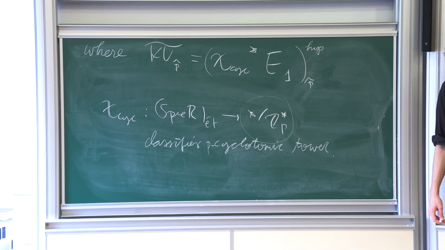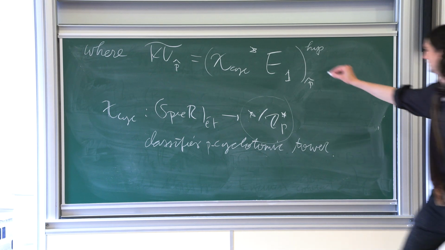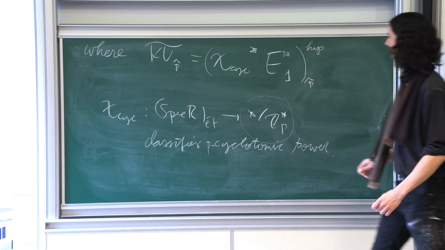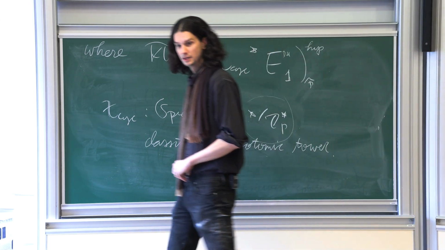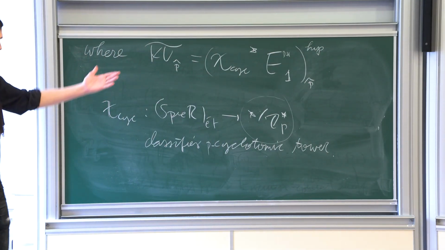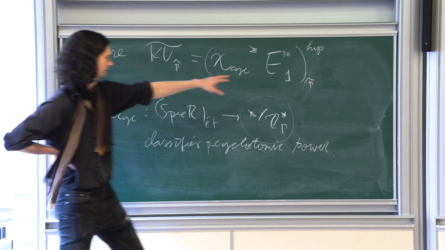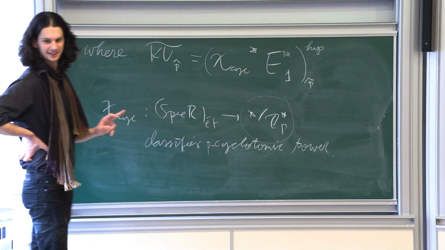This is what you discussed before. Yes, it's Devinatz-Hopkins. And then you have a notion of pullback of sheaves or presheaves. So it's pullback in the sense of sheaves of spectra, but then I make sure to p-complete and hypercomplete.